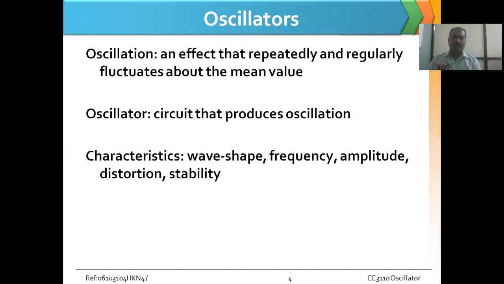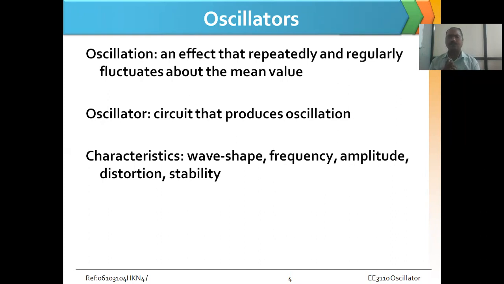Now, what are oscillation and oscillator? Oscillation indicates a signal that repeats. Take the example of the sine wave: it has a positive half cycle, then a negative half cycle, then again positive, then again negative.